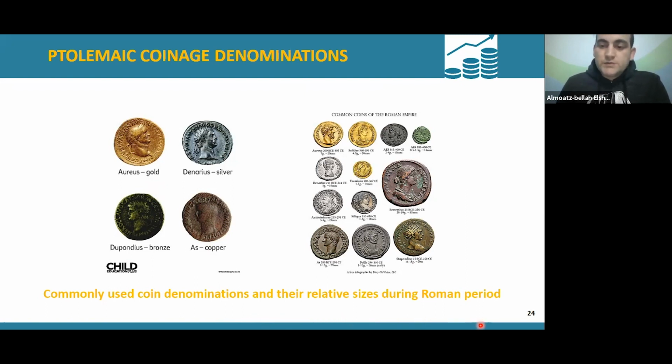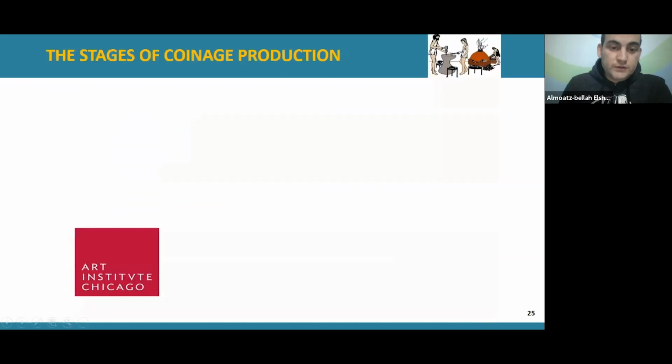The denarius was one of the most popular coins in the Roman Empire. It was equivalent to a daily wage; one denarius equaled one day's work. At the end, I'm going to show you a video about how ancient coinage was made.